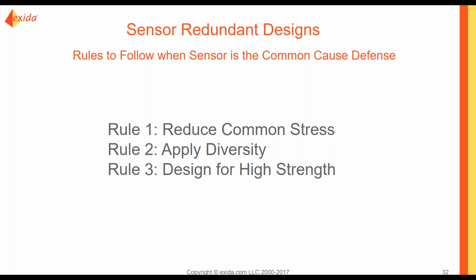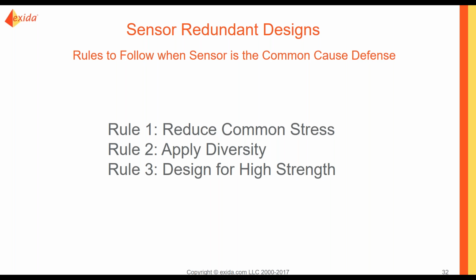This design choice would not bring much diversity to defend against common cause, and would likely cause setup, maintenance, and calibration errors during operation. So the maintenance and operation problems may override the benefits for this type of diversity, especially if your maintenance and operations are good or average and you're not a near perfect facility.